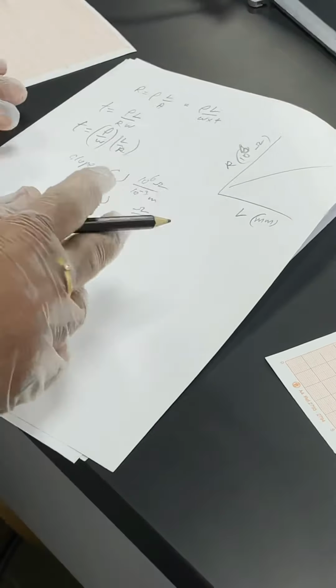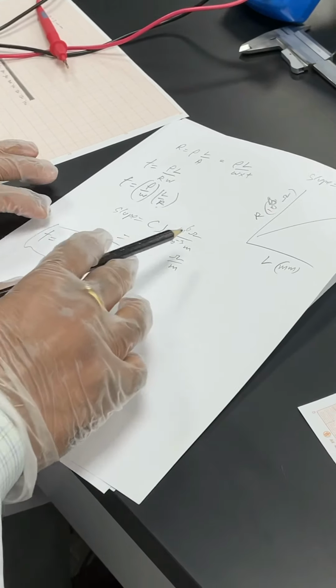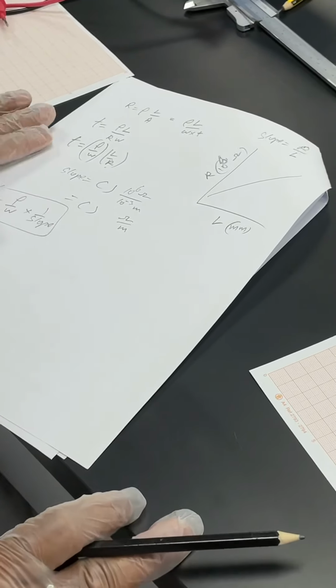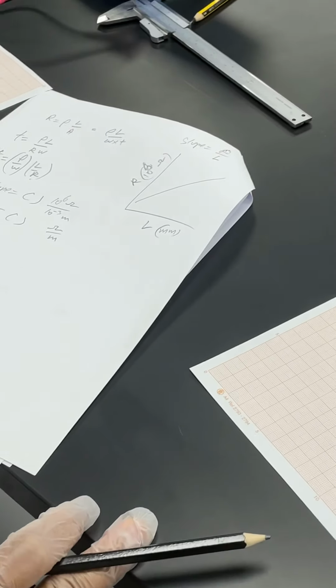Compare this with L over R: T is equal to rho by W into 1 over slope. The rho I will give you directly, the value. And W is the width, 1 millimeter, 2 millimeter, you have to change into meter. And the slope, write the slope value, you will get the thickness of the pencil line.